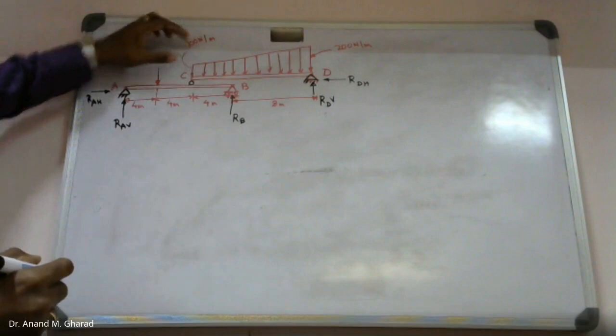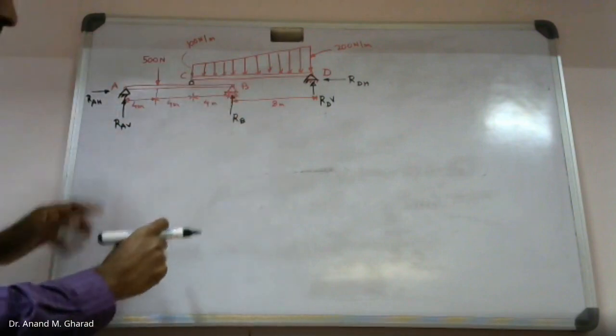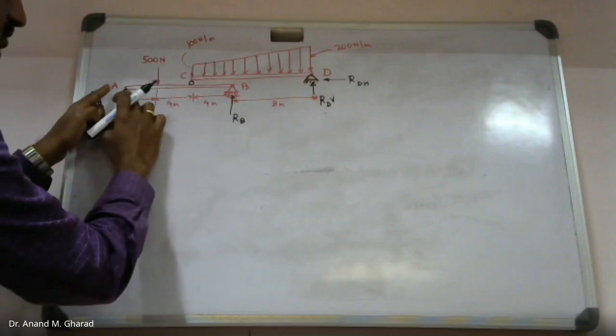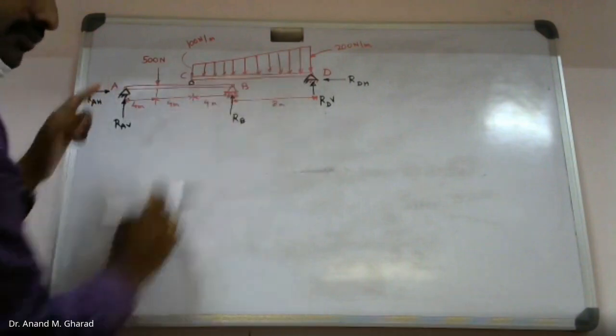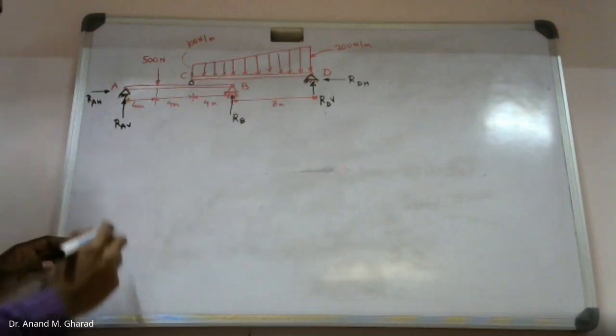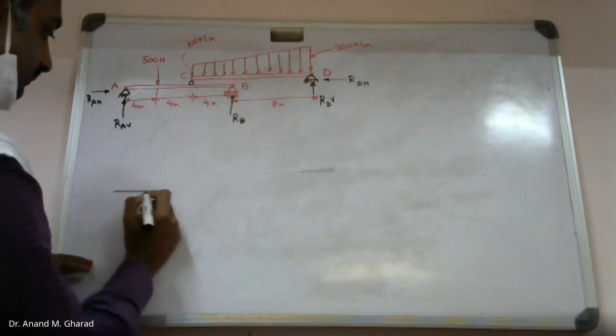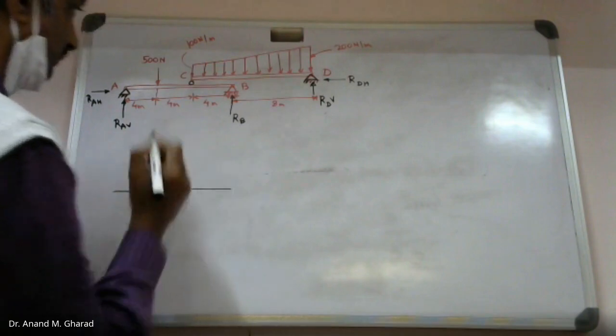But the advantage of this complete figure is that we are in a position to separate these two beams, that is beam AB and beam CD. So let me draw the free body diagrams associated with each. We have already calculated the first one.